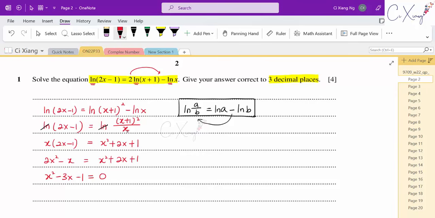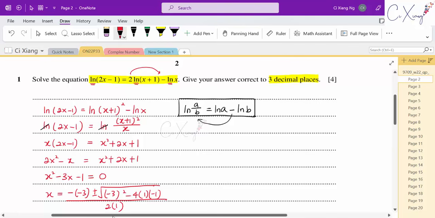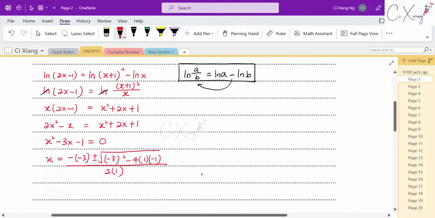So to solve it, to find the value for x, we can use the quadratic formula, where it should be negative b. Your b is negative 3, right? Then plus minus the square root of b squared minus 4ac, then divided by 2a. So divided by 2 multiplied by 1. Then with the help of a calculator, try to get the value.